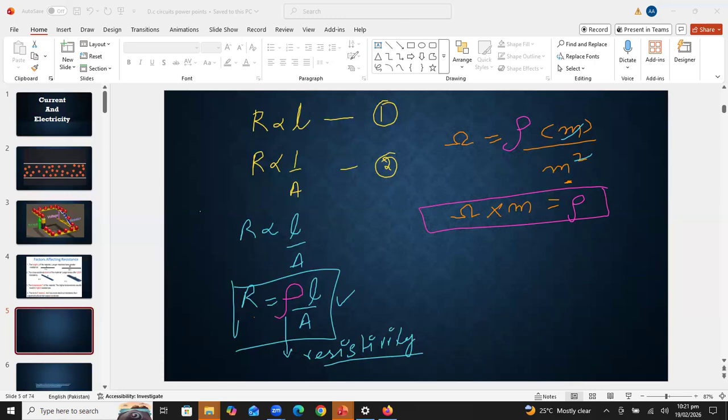Students, please note this down, it's very, very important. The unit of resistivity is ohm meter. Ohm is the unit of resistance and meter is the unit of length. It means how much resistance an electric conductor can offer in 1 meter length is defined as resistivity.